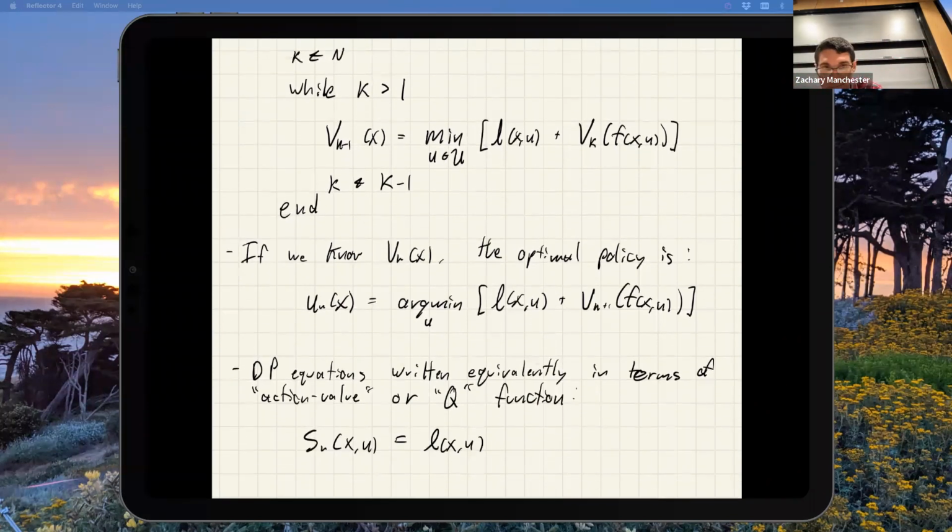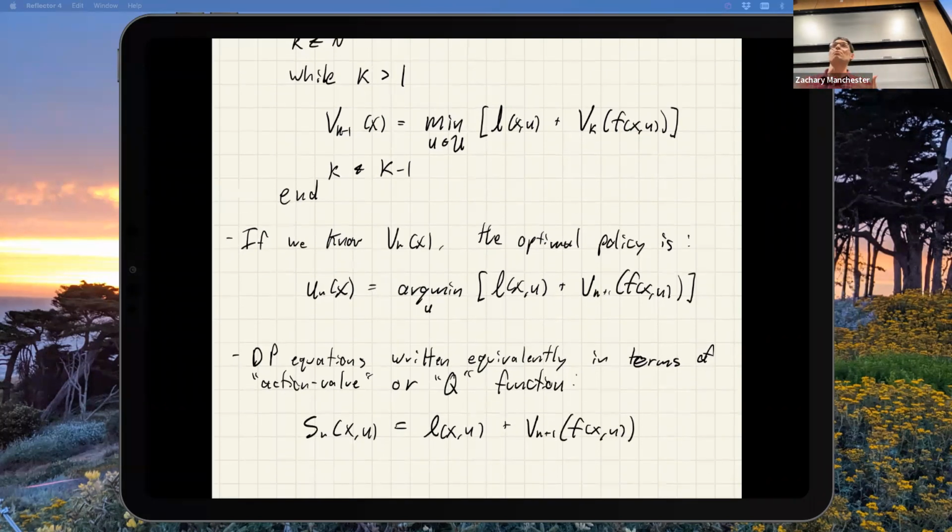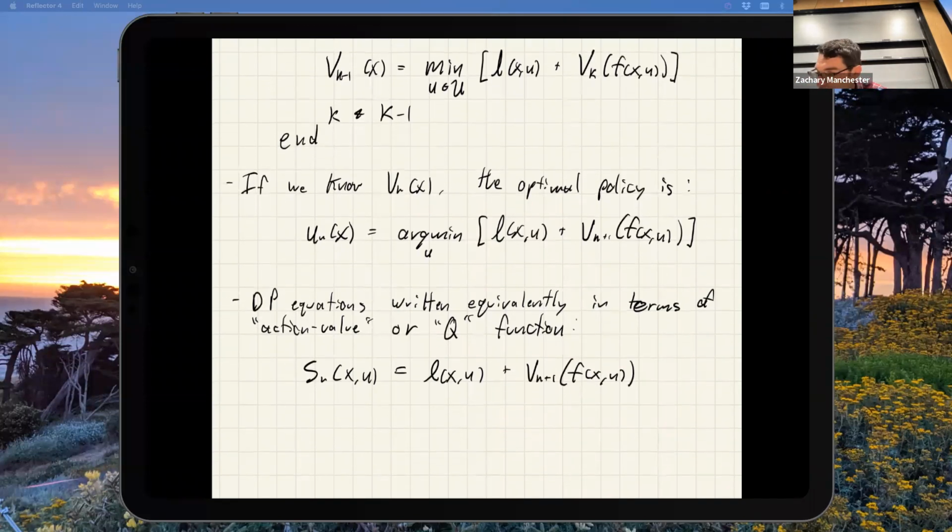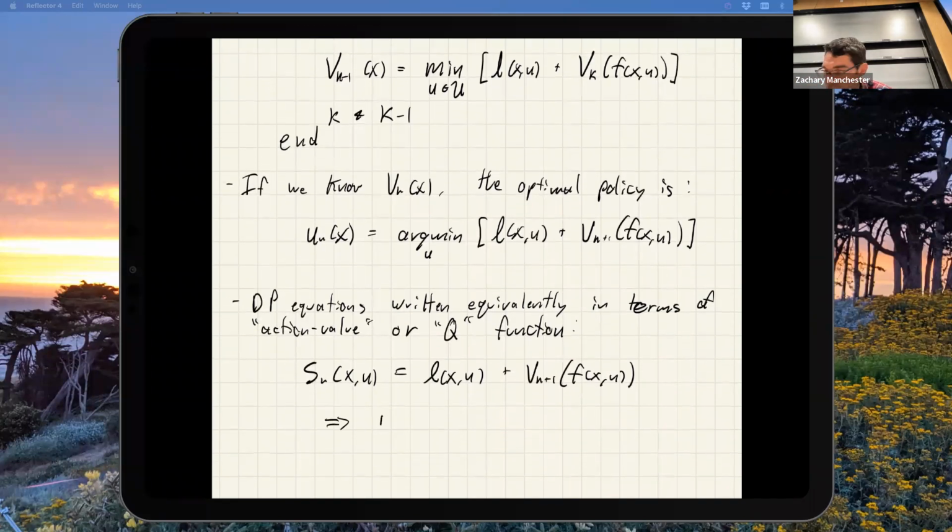So it's the one-step cost plus the value function with the dynamics plugged in. It's the value function composed with the dynamics and the one-step cost all put together. And so given this, it simplifies down to just arg min over U of S.